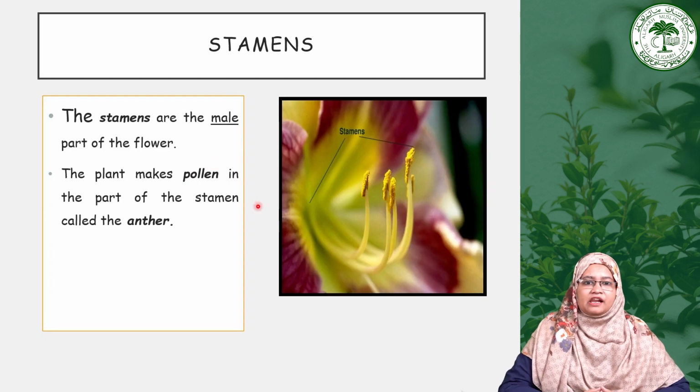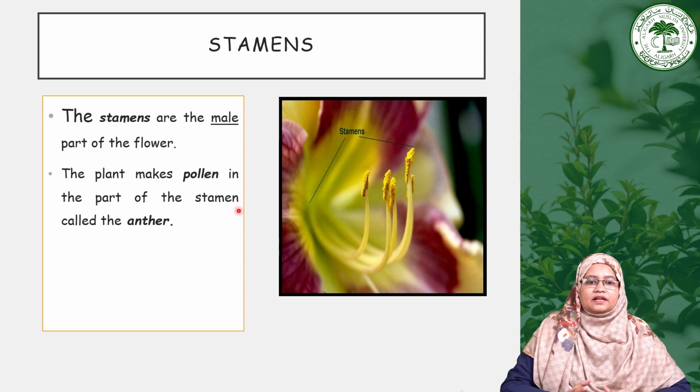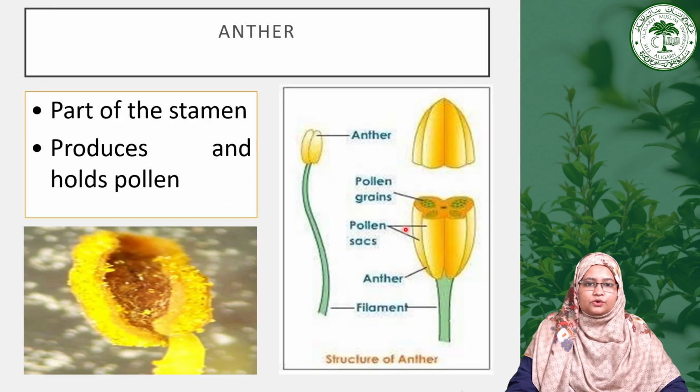Now moving towards the stamens, that is the male reproductive parts of the flower. Stamens are the male reproductive part of the flower, and the plant makes pollen in the part of the stamen called the anther. You can see, these are the male reproductive parts, which have two parts. The anther is where the pollen grain is produced.